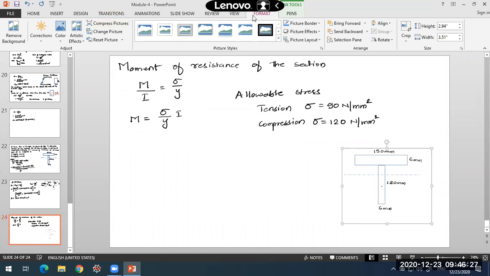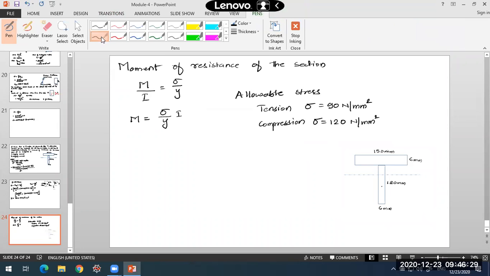Okay, so I'll write those two values. This is distance of topmost fiber from neutral axis, 53.72. Bottommost fiber, what will be the distance now? Here the total depth will be 180 plus 6, 186.